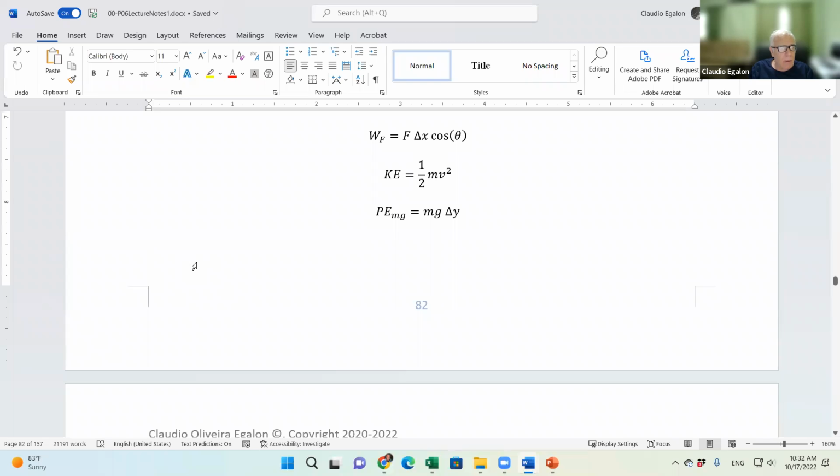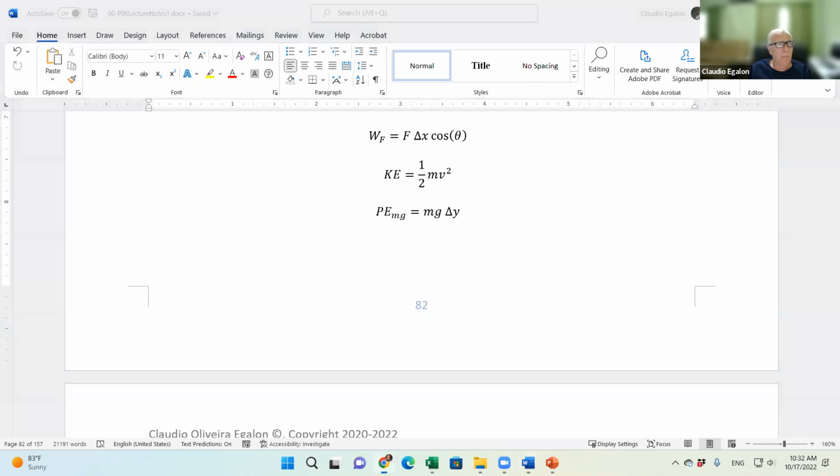Knowing about that, we can solve problems in different ways. Now that we have defined kinetic energy and potential energy, we can start to solve some problems using this idea of energy rather than force or kinematics itself. Let's take a look at an example.